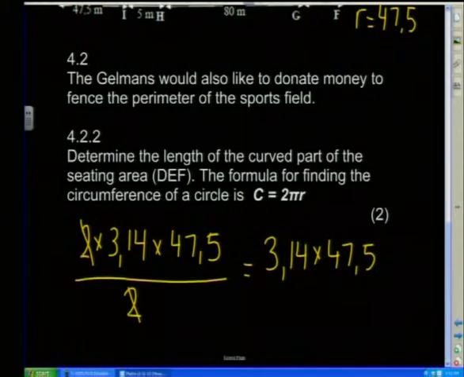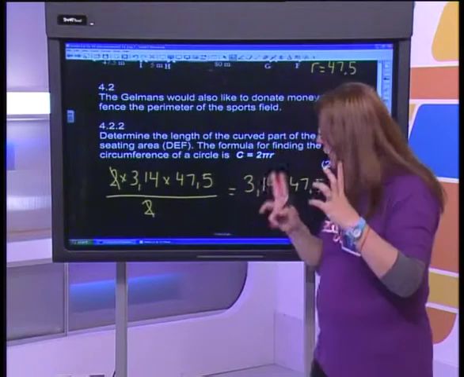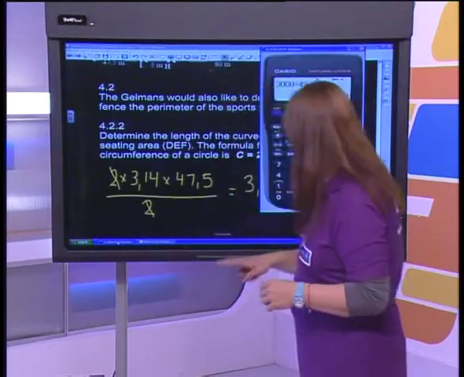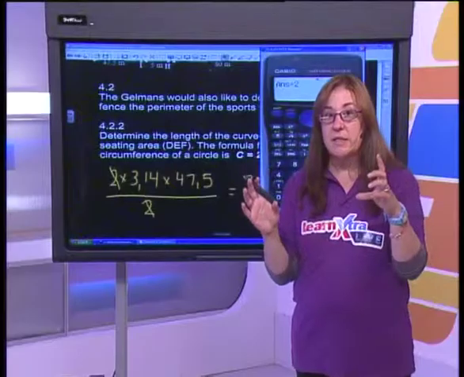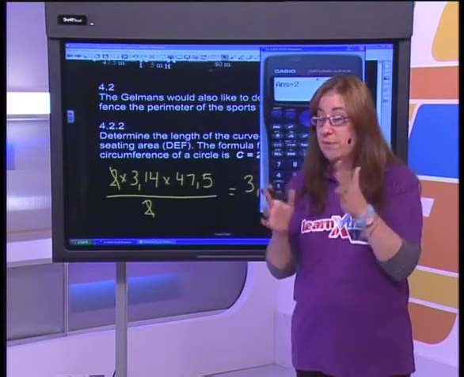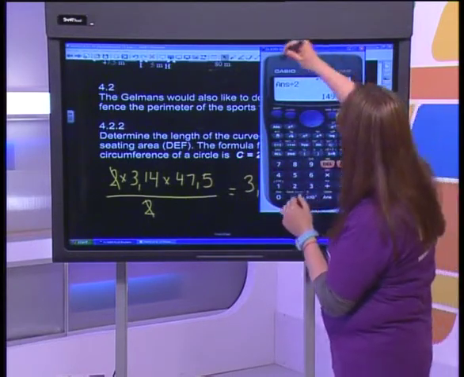But if this confuses you, then what I want you to do is take your calculators and type in the formula exactly like it is in the text. So that was the 2 times the 3,14 times my radius. Get an answer, and then I'm going to divide that by 2 because I only want the semicircle. So it's 149,15.